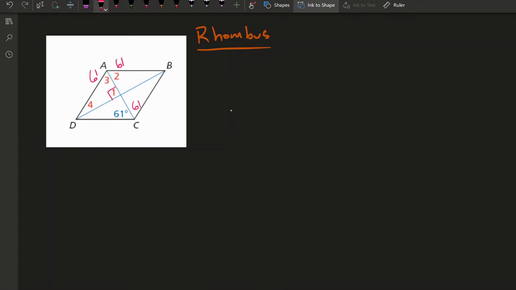Now, I have to use the triangle sum theorem here. All angles of a triangle are going to add up to 180 degrees. So I know I've got 90, and then 61, and then angle number 4 right here. So I can say A plus B plus C is equal to 180.